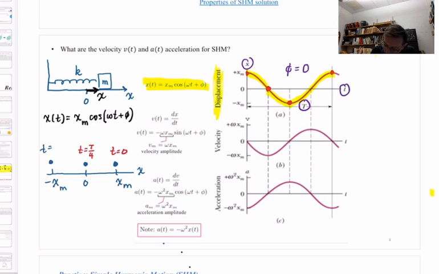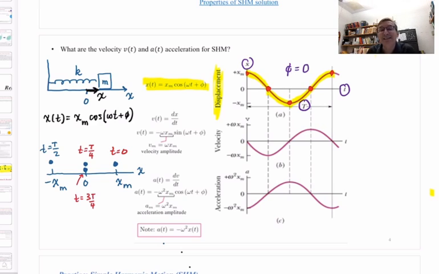T equals capital T over 2. At a time of 3/4 of one period, I'm at that point right there. I'm back at x equals 0 again. So I'm back here. I'll draw another dot. That's at time 3T over 4. And then at a time 1 period, I'm back at positive x max again. Okay, so I've done one cycle. Okay, that's what that graph is showing me for position versus time, or displacement from equilibrium versus time.